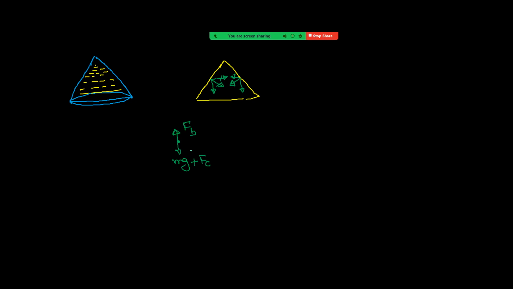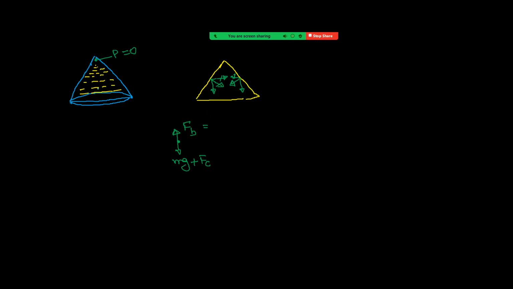Let us see how to calculate the force by bottom of the cone on liquid. Here we have to focus on pressure. If you assume that at the top, at this point, pressure equal to zero, assumption one, then at the bottom, pressure equal to h rho g.